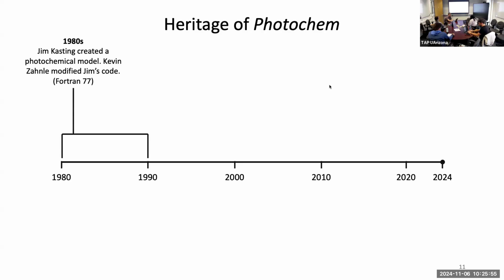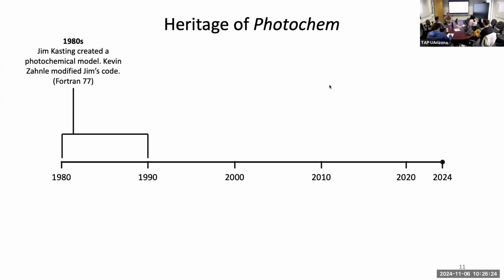Okay, and so the heritage of PhotoChem. Like anything, these codes come from a long line of other codes that we learned from. I think about Mark Marley and his climate model that's been around for 20 or 30 years or something like that.